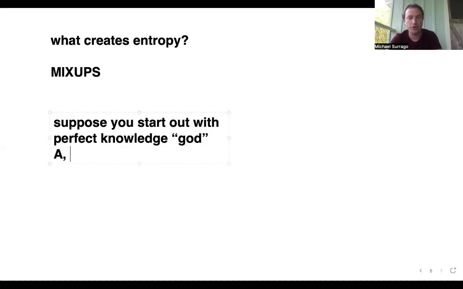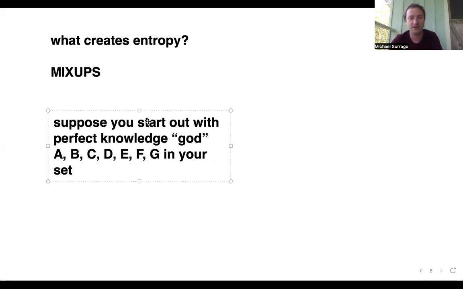Because you know that you have A, then B, then C, then D, then E, then F, and then G, let's say, in your set, in your hand, so to speak. In other words, you're holding them. I don't like to use a set; I like to use a hand. In math terms, if you ever encounter set theory, the way to properly understand it is that in a set, you can hold the different elements of the set as cards in your hand. That's how you translate set theory over to probability theory.